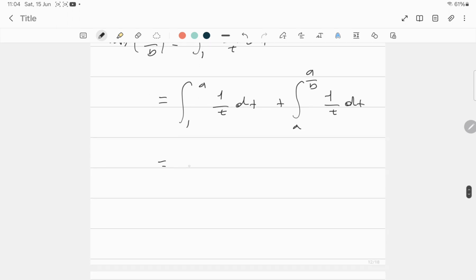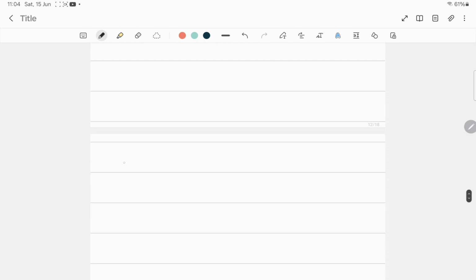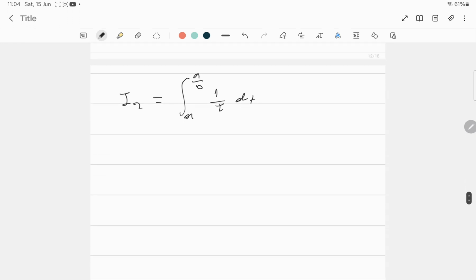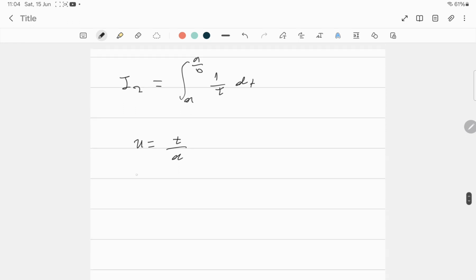Of course, this one is the natural logarithm of a plus I2. I can calculate what is the integral I2. How do I calculate this one? I do a substitution. So u is equal to t over a, du over dt equals 1 over a, dt equals a du.